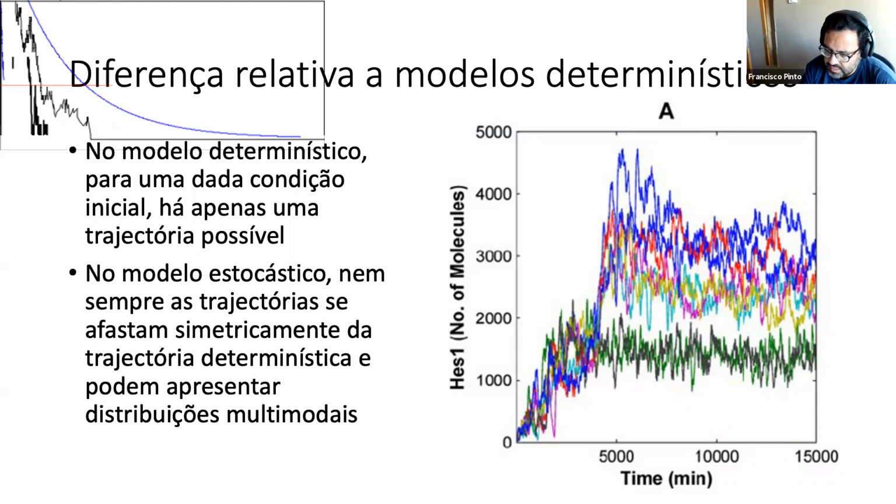But in stochastic systems, you can start in the same initial condition, but due to these random fluctuations, some of the variables may cross over the basin of attraction, and some simulations will converge to one fixed point, while another proportion of the simulations will converge to a different fixed point. And that is also a possibility that is observed in some biological systems.